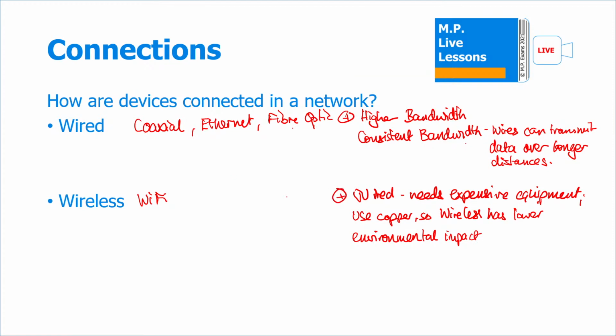Those were the benefits. Now the drawbacks. For wired, they can be quite expensive, especially if your LAN itself is a large area. For the wireless, it's a lower bandwidth and less consistent.